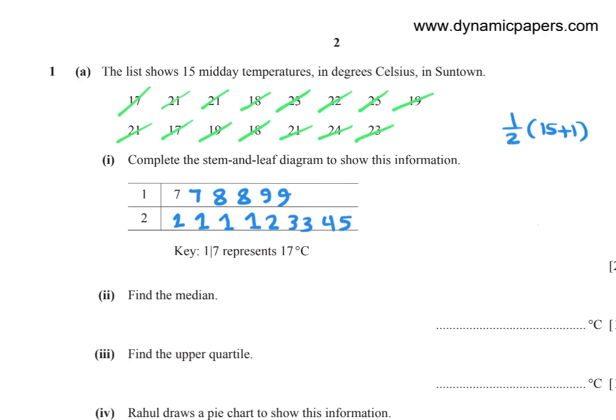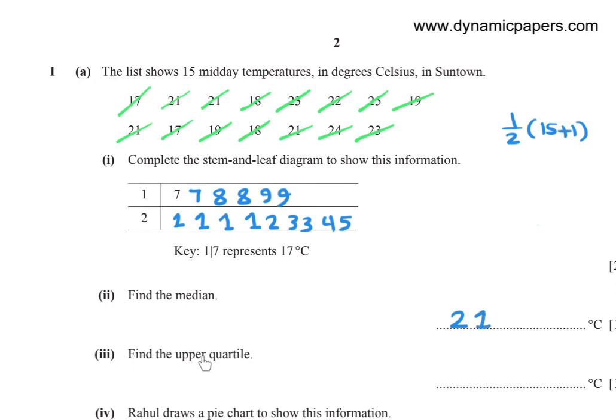So the position of the median is the 8th value. Counting 1, 2, 3, 4, 5, 6, 7, 8, the median is 21, because the key says 2 1 means 21.